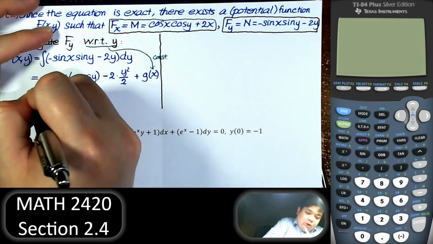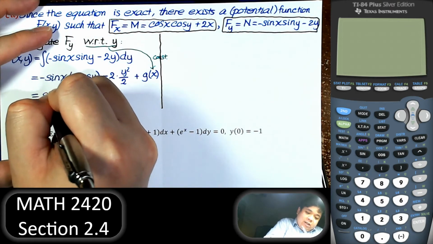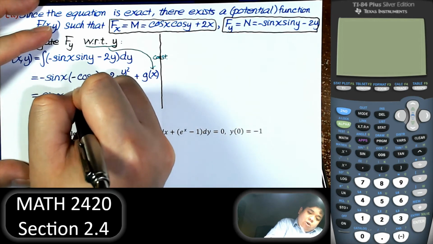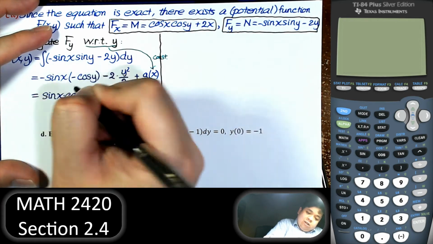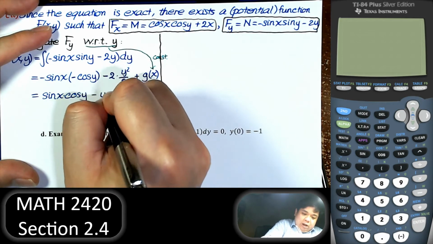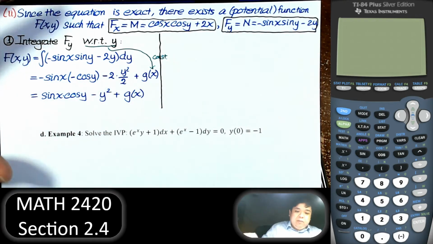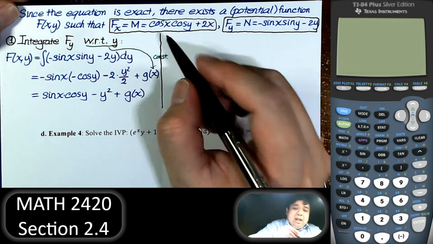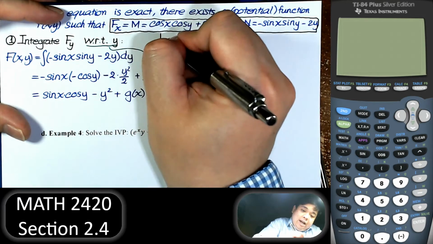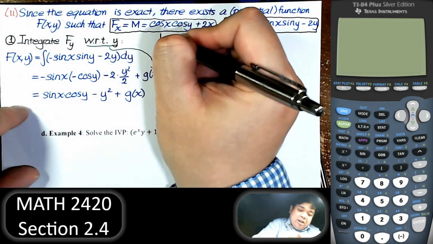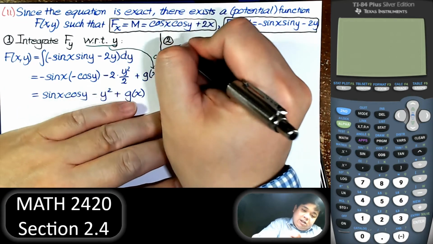When we write this, I will have sine x cosine y minus y squared plus g of x. That's the first step. Integrate that with respect to y. Then our second step is differentiate this with respect to x.